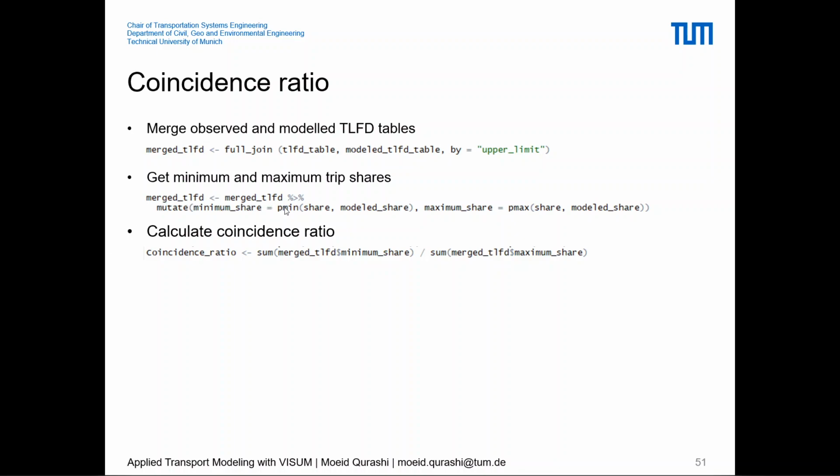So we are not creating a new table, but we are overwriting this merge TLFD by mutating, which is adding new columns named minimum share and maximum share. The minimum share will be the minimum of share and model share, and the other column will have the maximum of both. Yeah. And once we have these two new columns of the minimum and maximum values, we'll calculate the confidence ratio as the sum of the minimum share column divided by the sum of the maximum share column. Yeah.